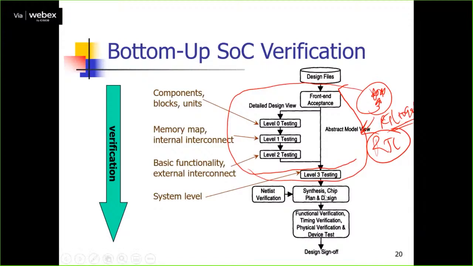Then do the synthesis. This is your pre-synthesis factor. Do the synthesis with constraints, generate the netlist for the system, and do the verification. Then go for PD with planning, placing, designing, routing, etc. Do the post synthesis functional verification.